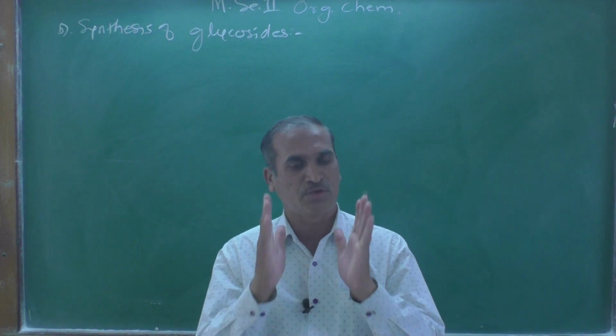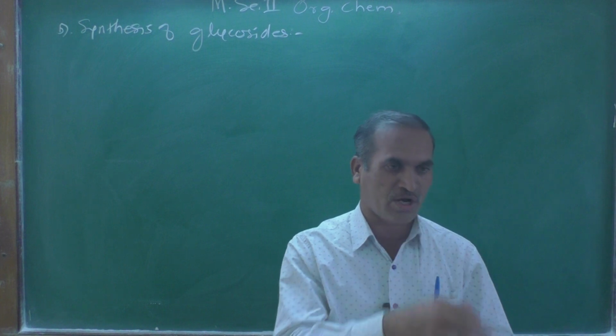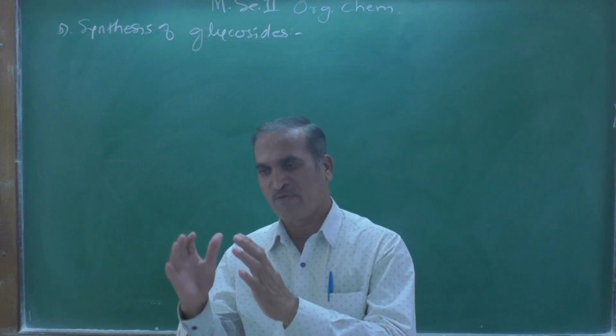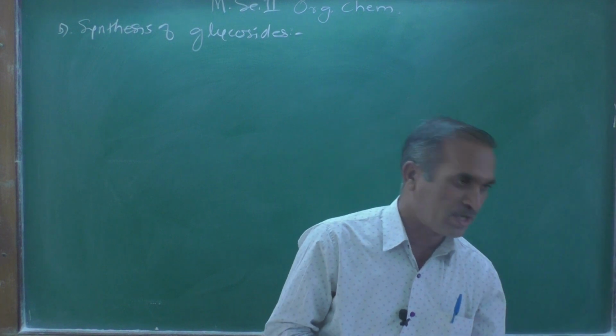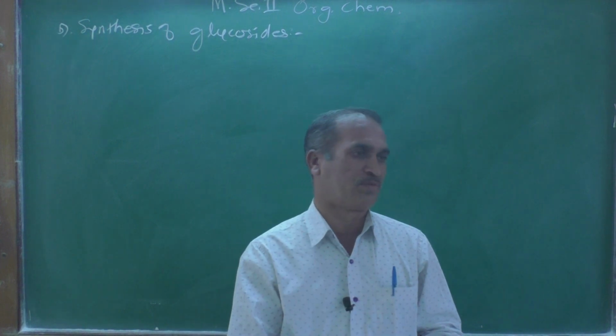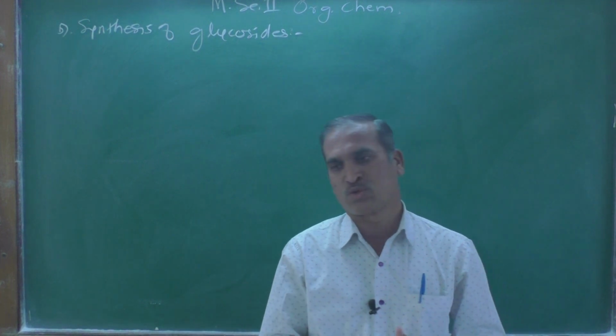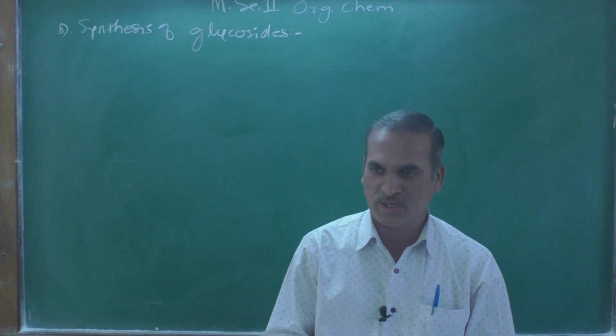If you observe carefully the structure of sucrose, you will find there is no anomeric hydroxyl group or hemiacetal type of group involved in sucrose, and therefore sucrose is a non-reducing sugar.